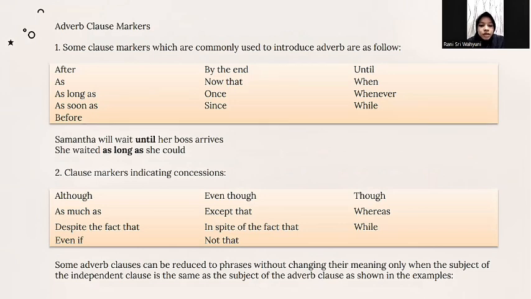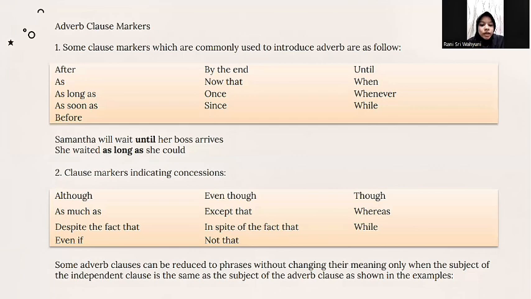Adverb clause markers. 1. Some clause markers which are commonly used to introduce adverb clauses are as follows: after, by the time, until, as, now that, when, as long as, once, whenever, as soon as, since, while, and before.